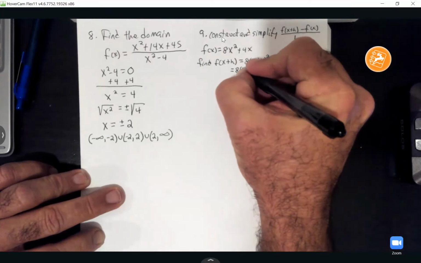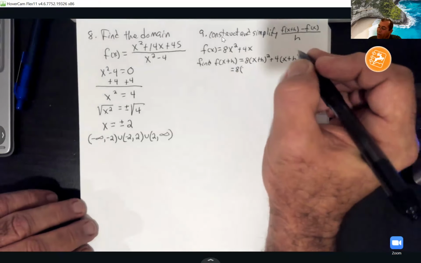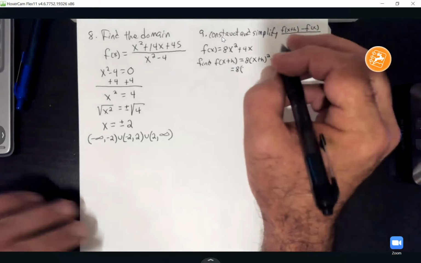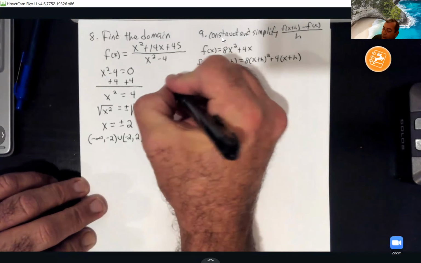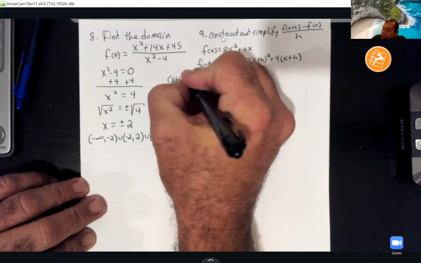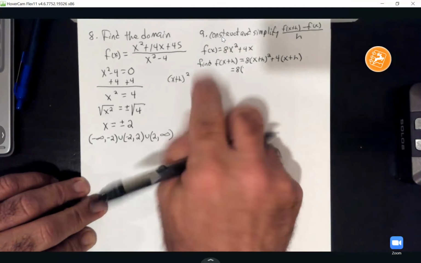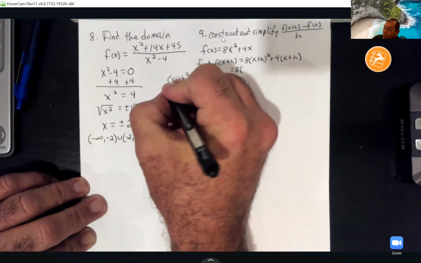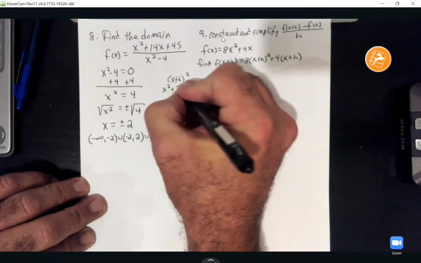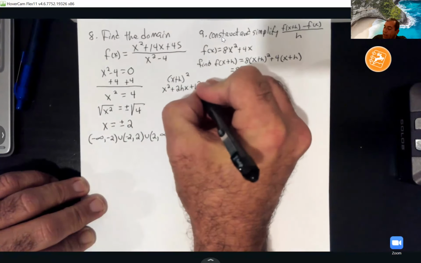Don't worry about the 8 yet. So we saved all this in our notes when we did x plus h squared. But when we FOILed that all the way out, you ended up with an x squared plus a 2hx plus h squared.